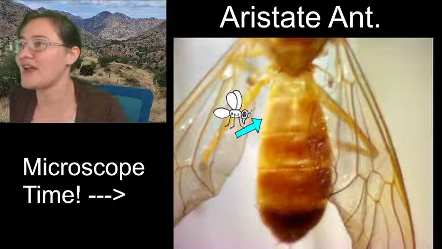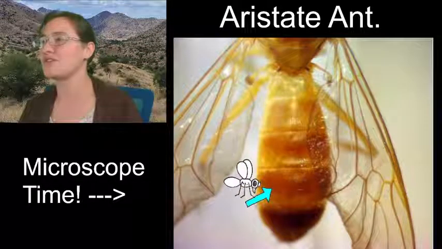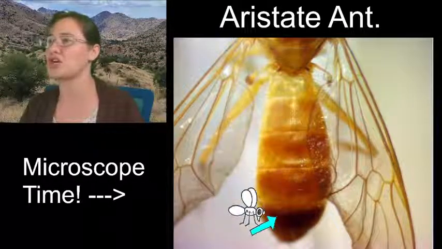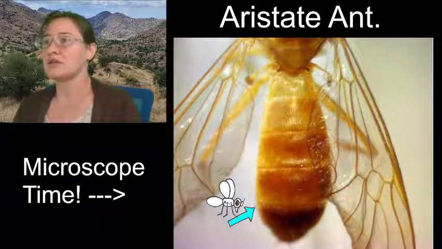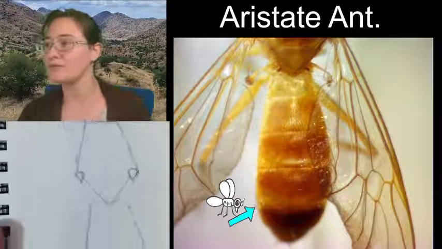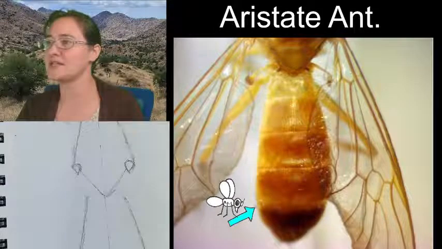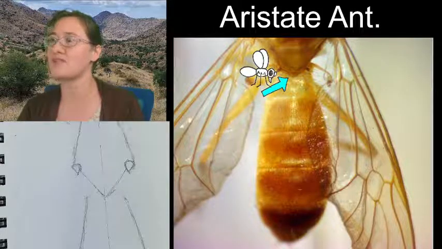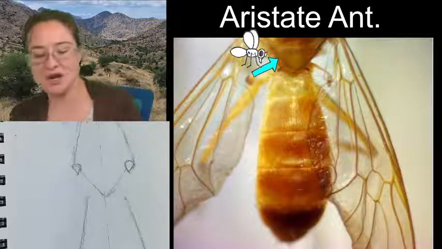So it looks like we've got 6 segments. 1, 2, 3, and 4 go larger, and then 5 and 6 get smaller. So, you'll notice that our abdomen does not start exactly at this point because that would give our insect a wasp waist.